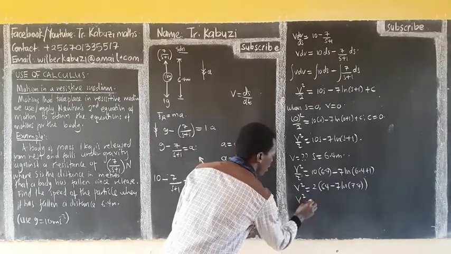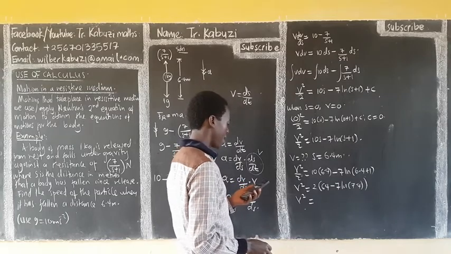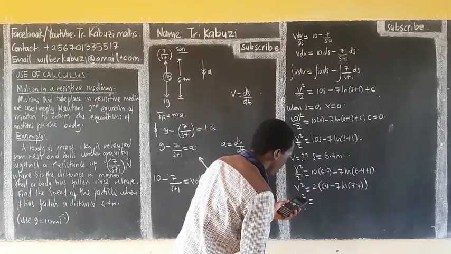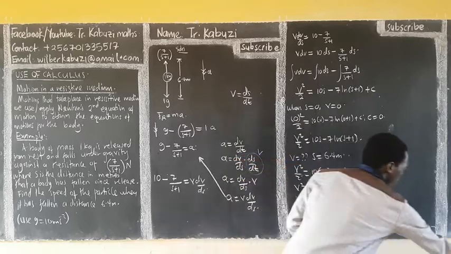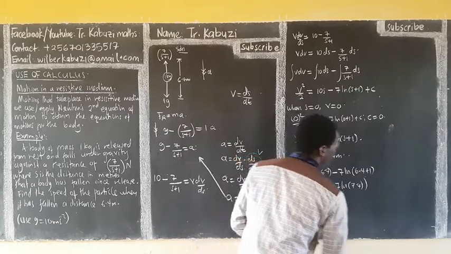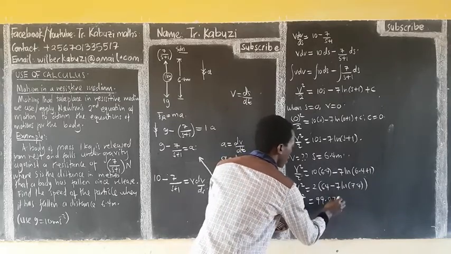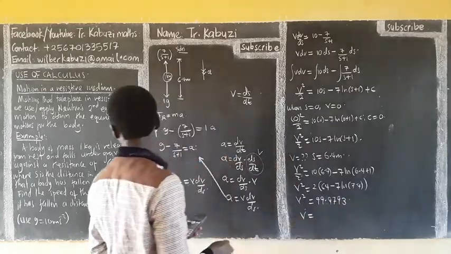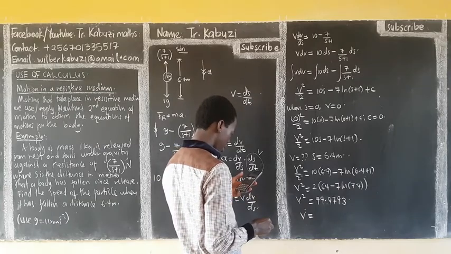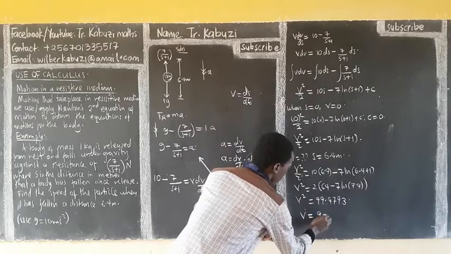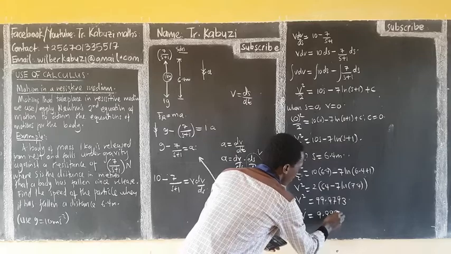So my v squared here is going to give me a value which is approximately 99.9. Then to get v, we take the square root, and we get approximately 9.999 meters per second.